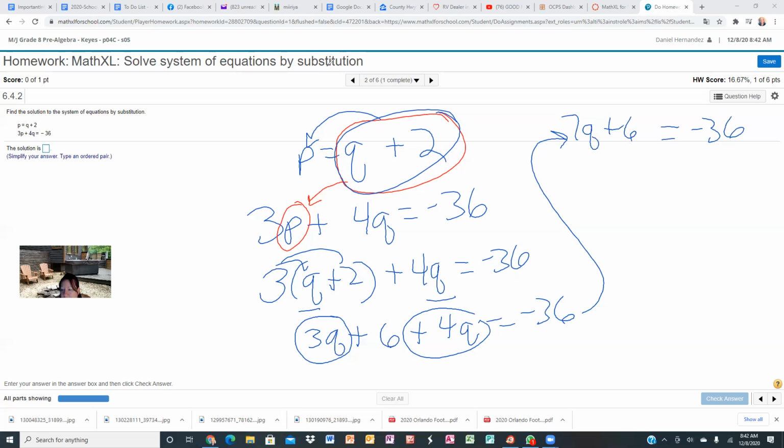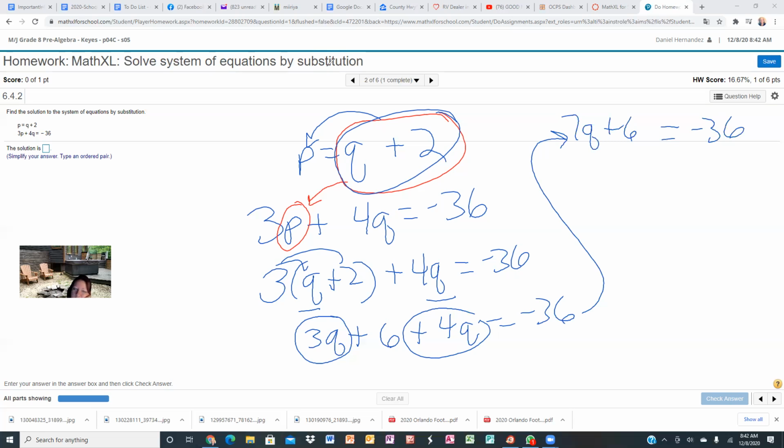And then what's the next step? We got to get Q by itself, right? That's a minus 36 actually.